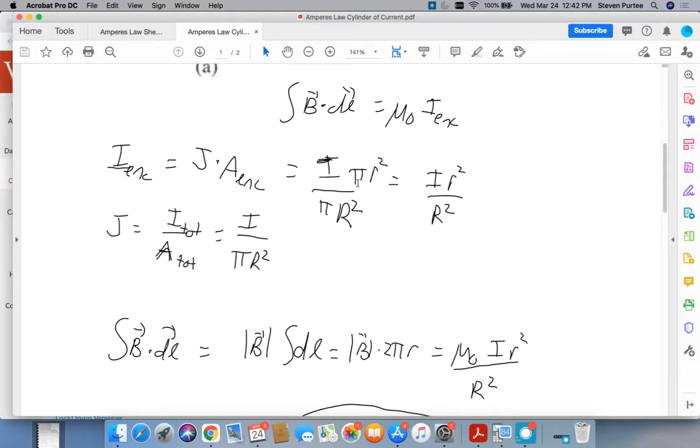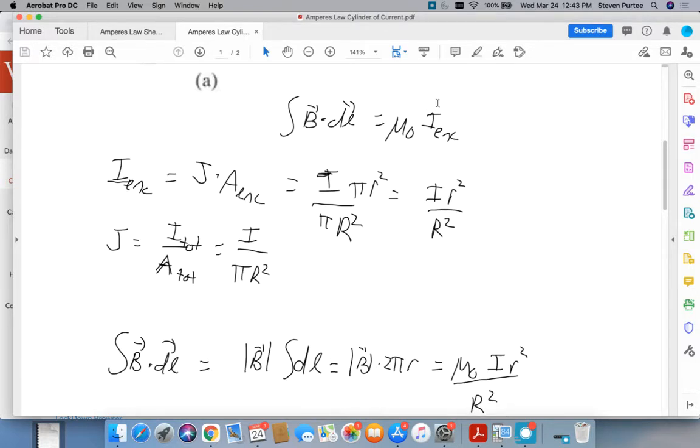Area enclosed is pi little r squared. The pi's cancel, and I get this fraction, I times little r squared over big R squared. If little r equals big R, that would just be all of I. And again, if little r equals half of big R, then I would get a 1/2 squared there. I get a quarter of the total current. Okay, that's the trickiest part of the whole problem, finding I enclosed.